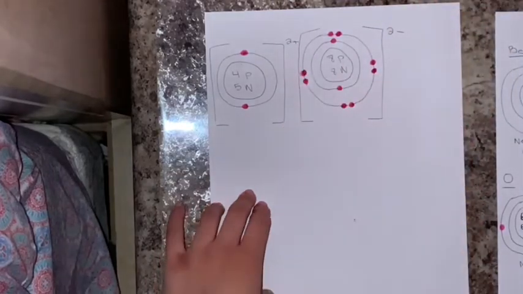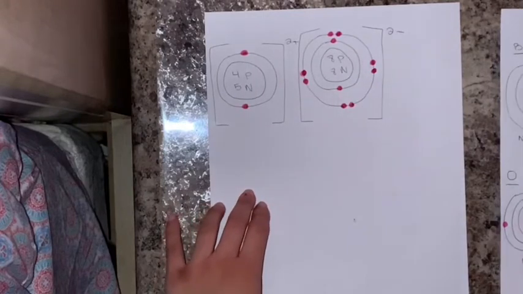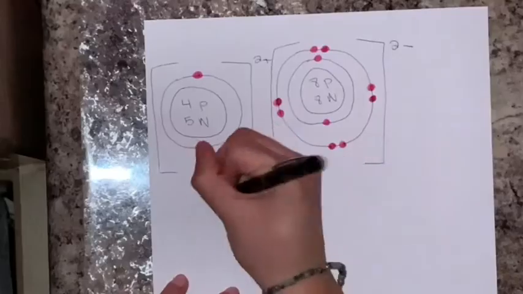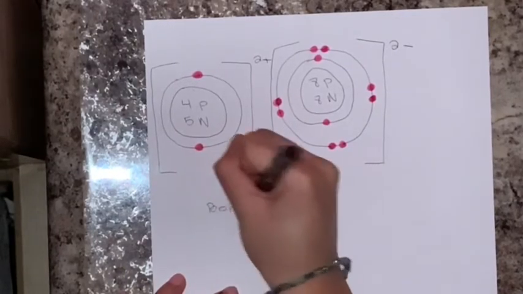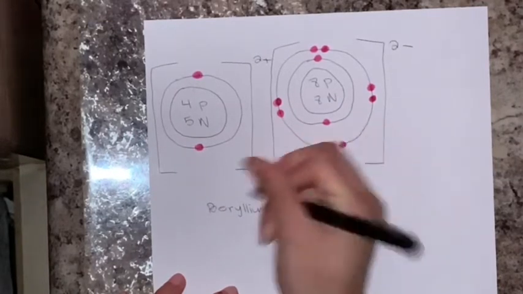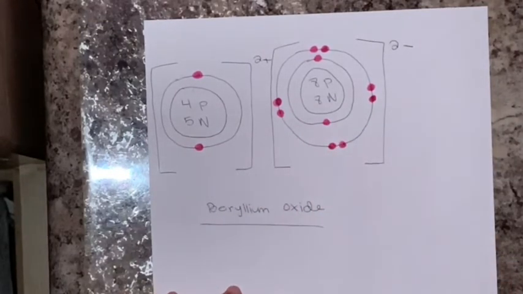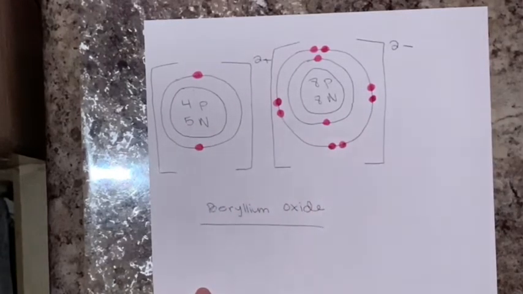And so here we have an ionic compound between beryllium and oxygen. This ionic compound is called beryllium oxide because we are combining beryllium and oxygen together since they are oppositely charged ions, not atoms, ions.